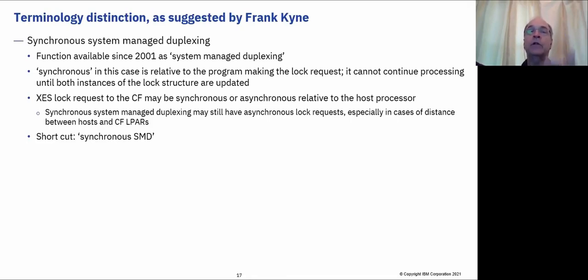So we have two different meanings of synchronous in this chart, right? Synchronous system managed duplexing means synchronous relative to the IRLM. And then the request in support of synchronous managed duplexing could be a synchronous request to the lock structure or an asynchronous request to the lock structure. So I'm going to call this synchronous SMD.